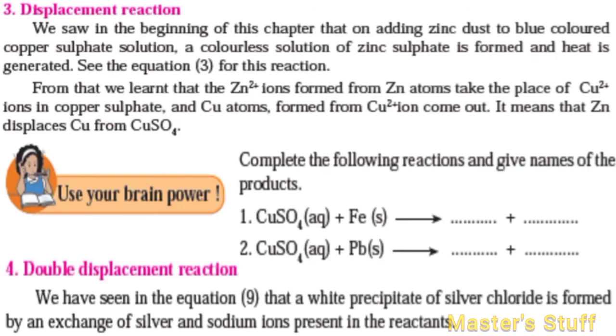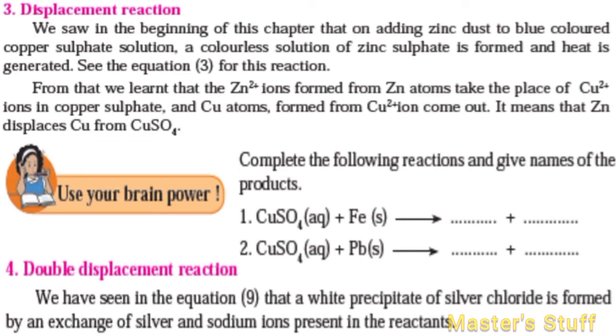Displacement reaction. In the beginning of chapter, we studied that on adding zinc dust to colored copper sulfate solution, a colorless solution of zinc sulfate is formed and heat is generated.